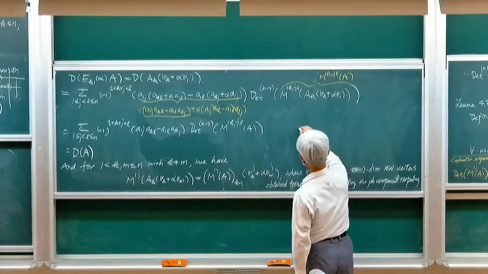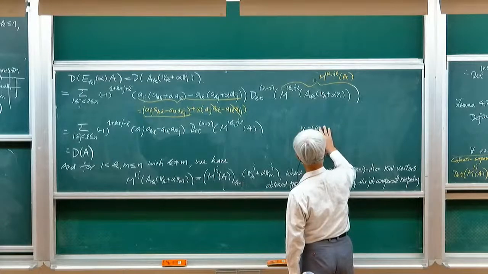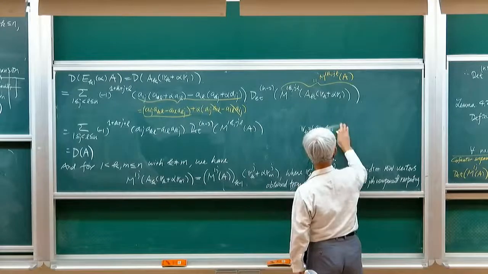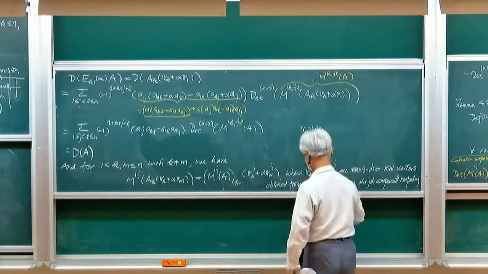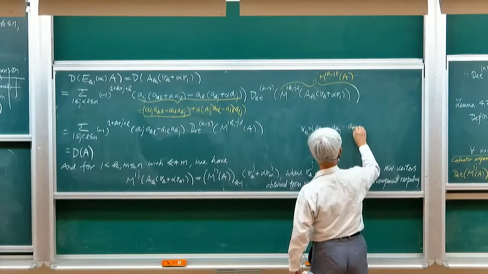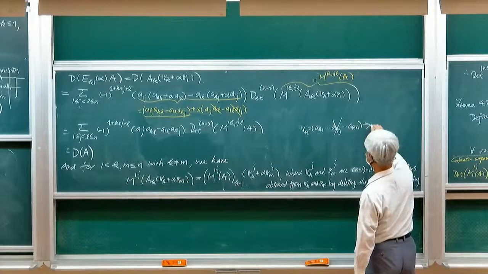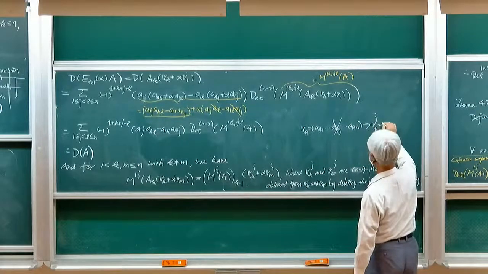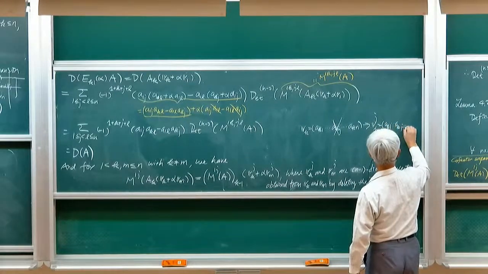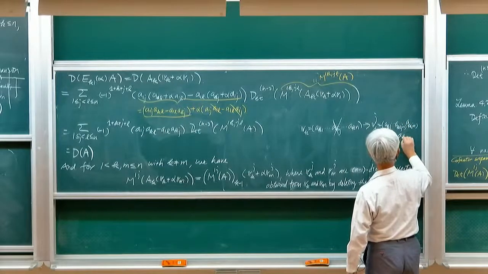So if you have RK, which is AK1, AK2, up to AKJ, up to AKN, and you delete the J-th component, then you get RKJ, which is just AK1, up to AK(J minus 1), AK(J plus 1), up to AKN.